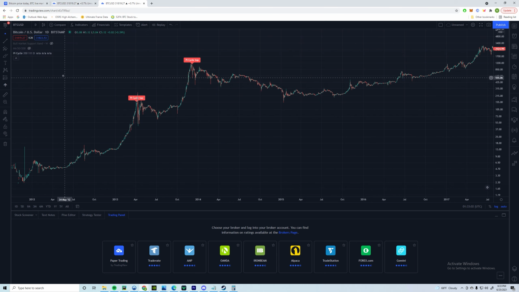So this is the point where it's important to use multiple indicators to confirm why you think something is happening, and don't just use one indicator.